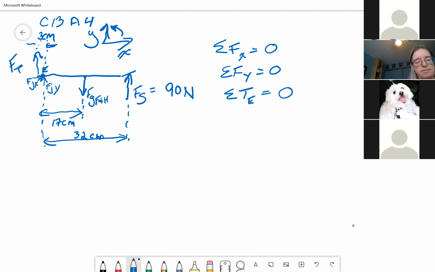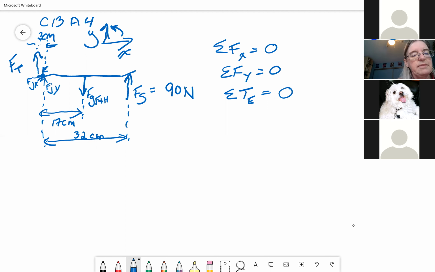So if we do our sum of torques, anything that causes this to rotate counterclockwise, I will consider positive. Anything that would cause this to rotate around my elbow, and I literally would put this pen over top of my free body diagram. I would grab hold of it right where my elbow is, and then I would either push up where the scale is or push down where the gravity is and see which direction it actually rotates.